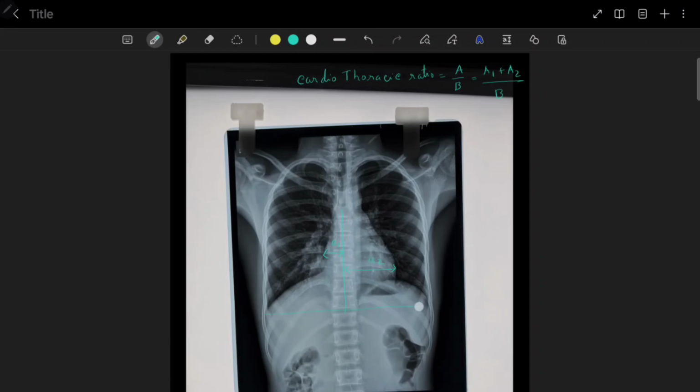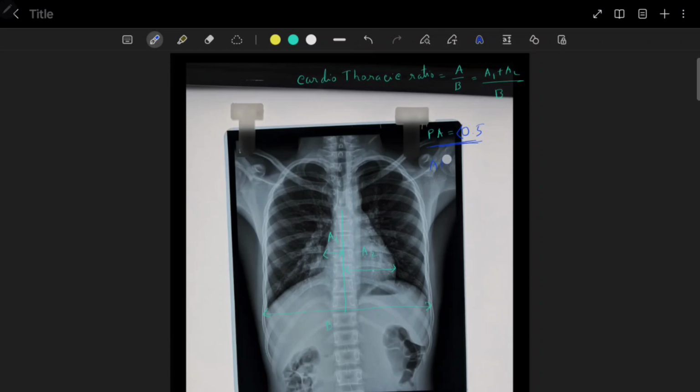Here the maximum thoracic transverse diameter is called B. So A by B, where A1 plus A2 determine the maximum transverse diameter of the heart, and B is the maximum transverse diameter of the thoracic cavity. In the PA view, of a patient with normal heart size, it is less than 0.5, okay.